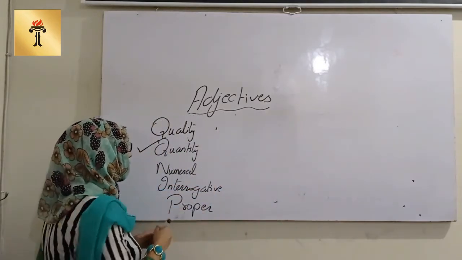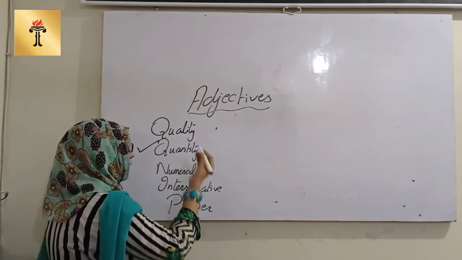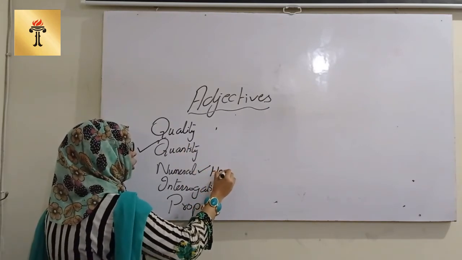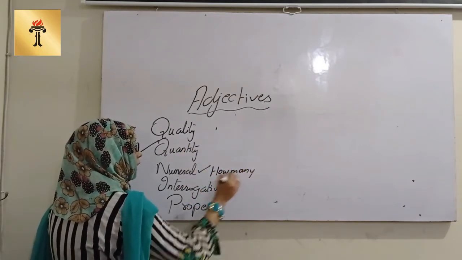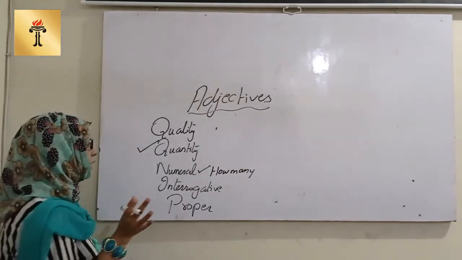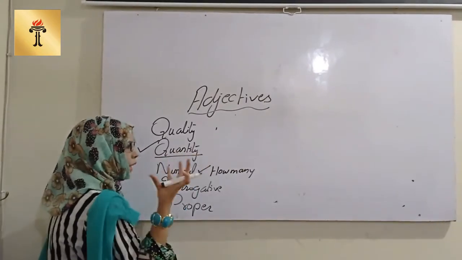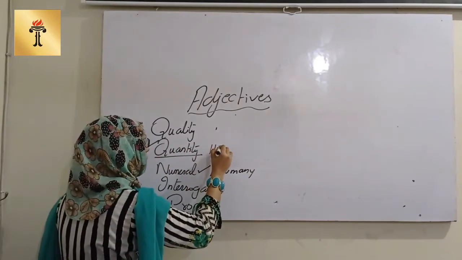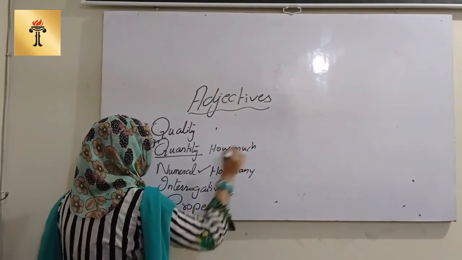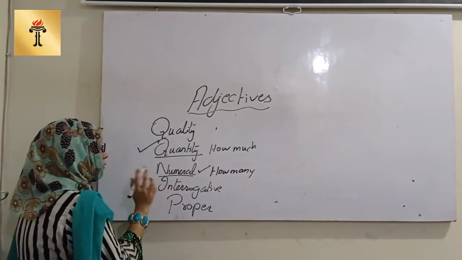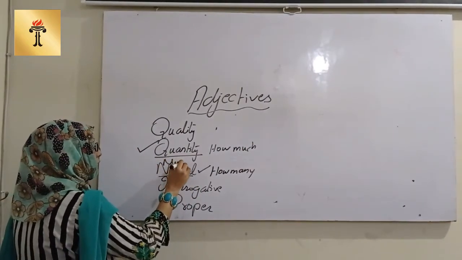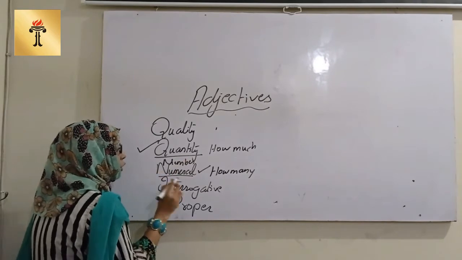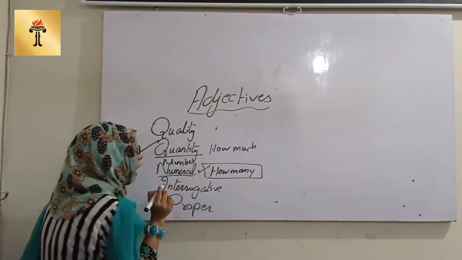The next is the numeral adjective. It deals with how many. Again students, make a clear differentiation: quantity, miqdar, magnitude, degree deal with how much, whereas numeral, very obvious, is about numbers, and you discuss how many.